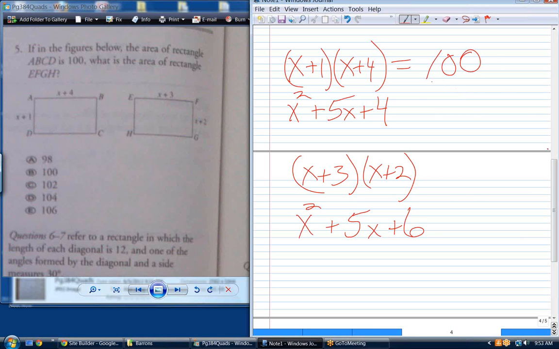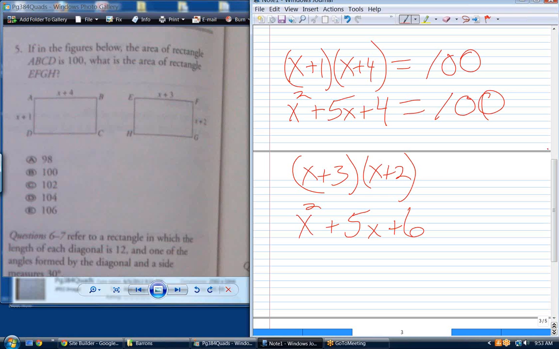Yeah, but they want what it is. Okay, so this is not so easy. There must be a shortcut to this.